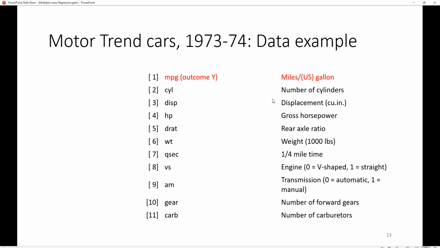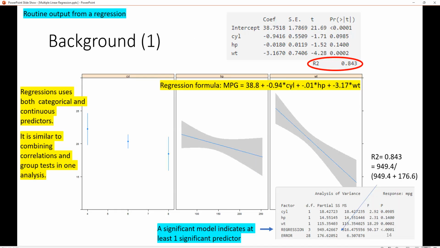Here is the first set of data we're going to use for the first few weeks, and it's the Motor Trend cars from 1973 and 1974. MPG, miles per gallon, that is our outcome, and all of these other variables can be predictors of a car's MPG.